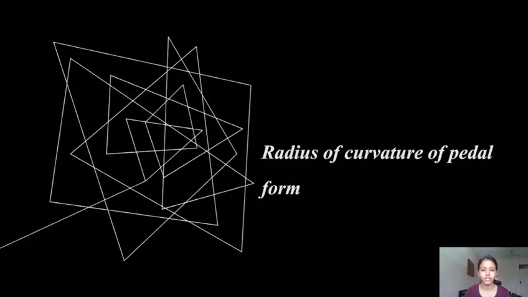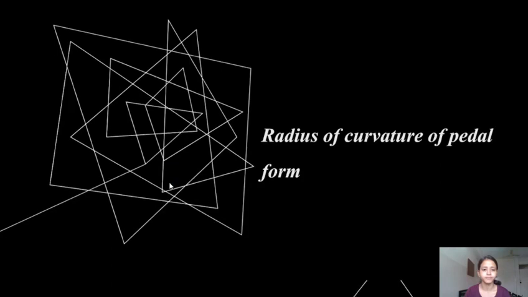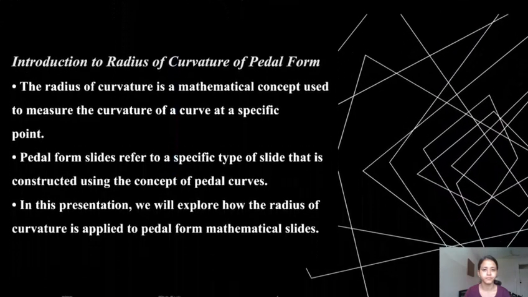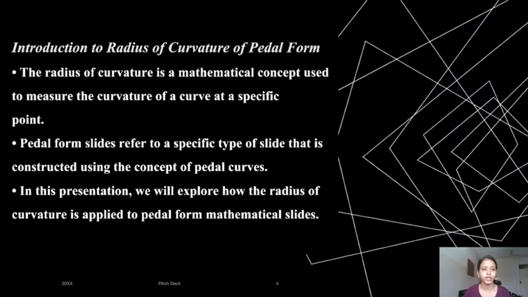In this presentation, we will talk about radius of curvature of pedal form. Introduction to radius of curvature of pedal form. The radius of curvature is a mathematical concept used to measure the curvature of a curve at a specific point.